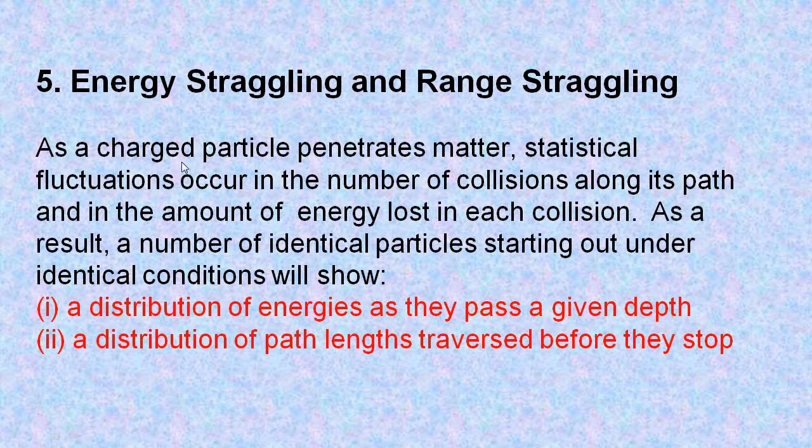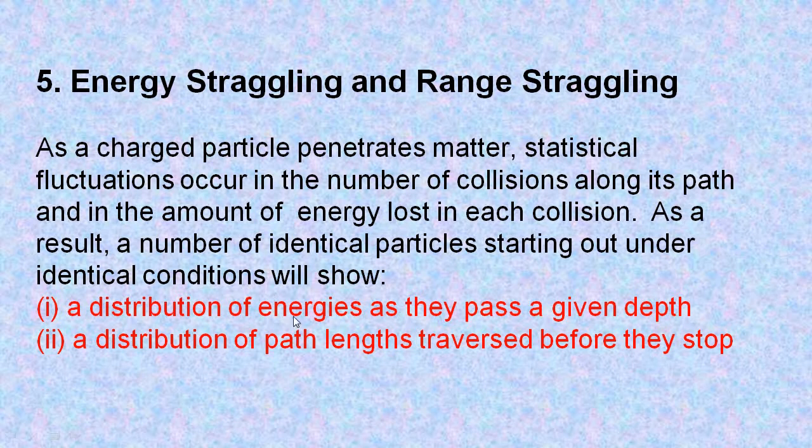So as a charged particle penetrates matter, statistical fluctuations occur in the number of collisions along its path and in the amount of energy lost in each collision. As a result, a number of identical particles starting out under identical conditions will show a distribution of energies as they pass a given depth, and a distribution of path lengths traversed before they stop.